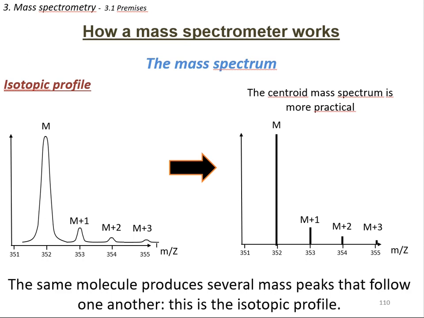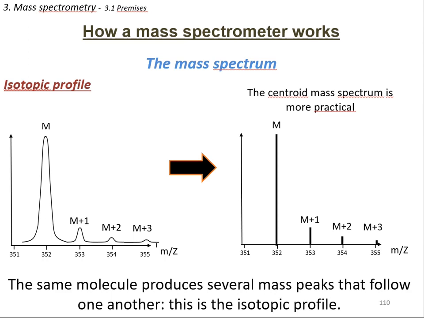So in fact, if you have a molecule that is composed only with carbon, one molecule every 100 molecules will have a mass measurement of 1 unit higher, okay? Because it contains one C13 and not only C12 carbons. And so this is what we call the isotopic profile.